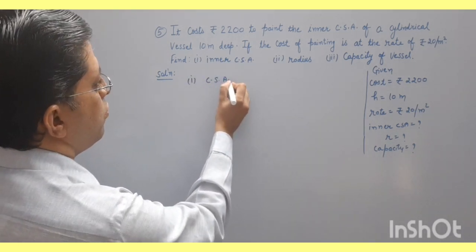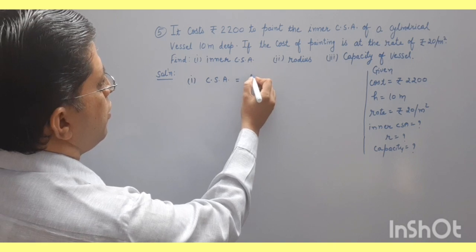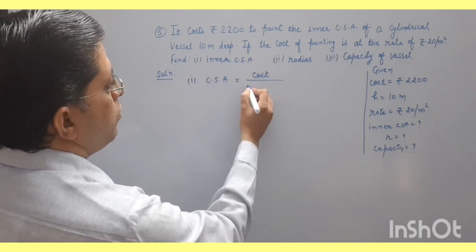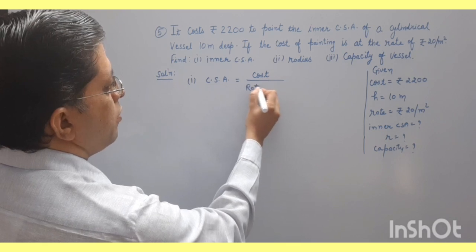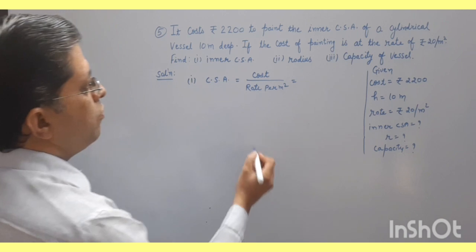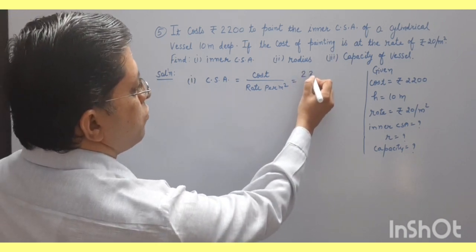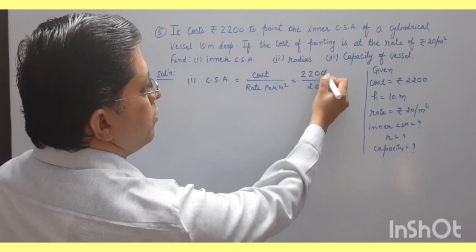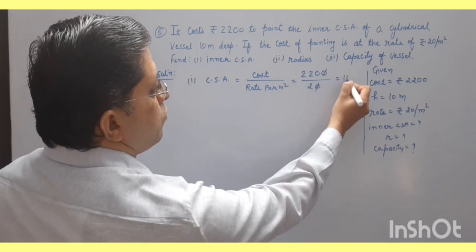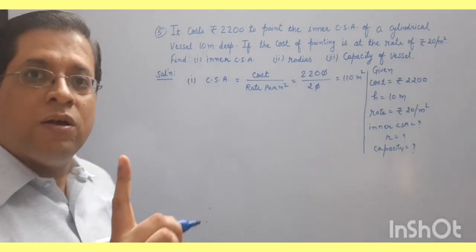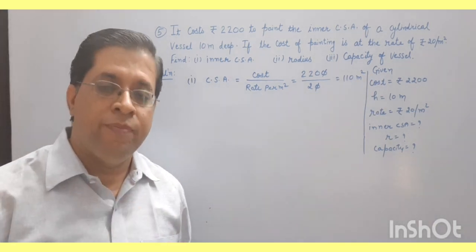CSA will be the cost upon the rate per meter square. The cost is 2200 and the rate is 20. Cutting zero with zero, you will get 110 meter square. This is answer number 1.